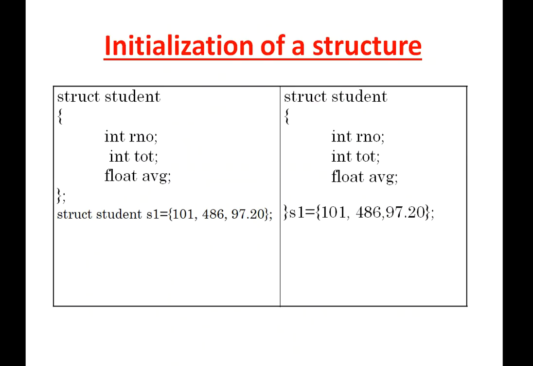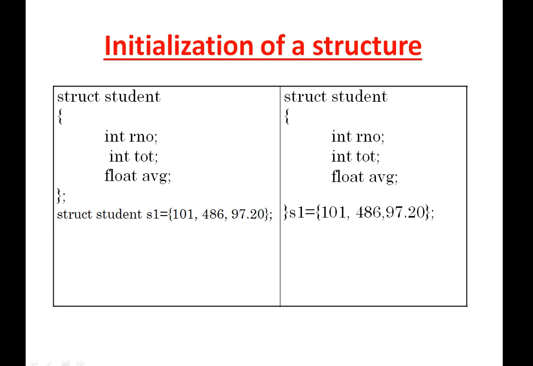How to initialize a structure? For example, if we have an array int a of 5, how did you initialize it before? Int a of 5 equal to, within brackets you gave 5 elements. Here we are going to look at initialization of a structure. For example, if we write int roll number equal to 101, int total equal to 50, it is wrong, because inside a structure you can only declare a variable, you cannot initialize it.